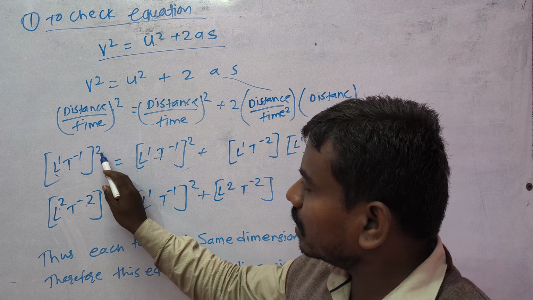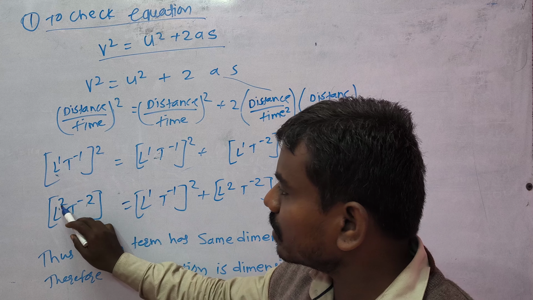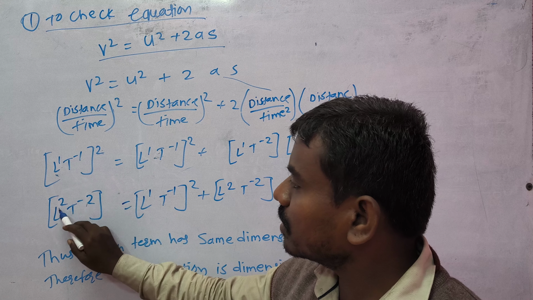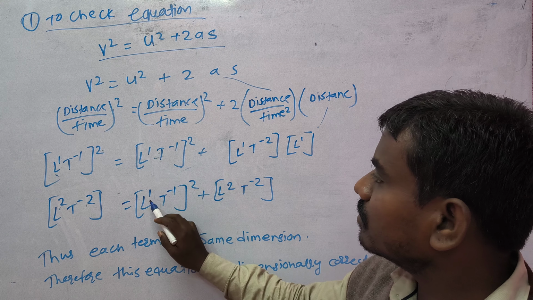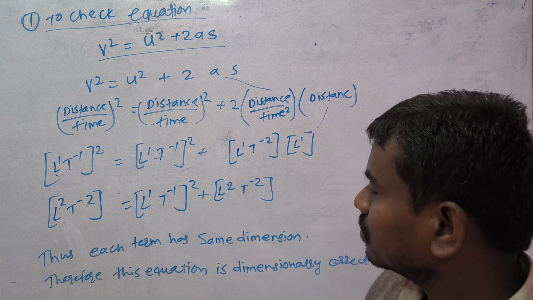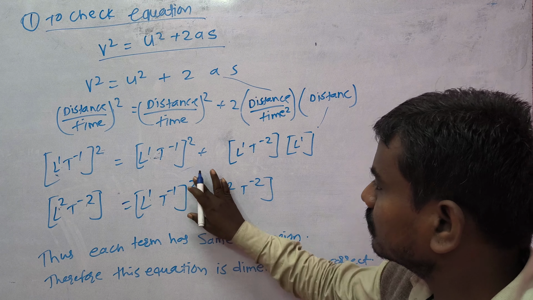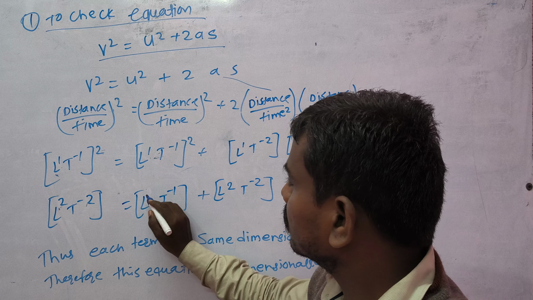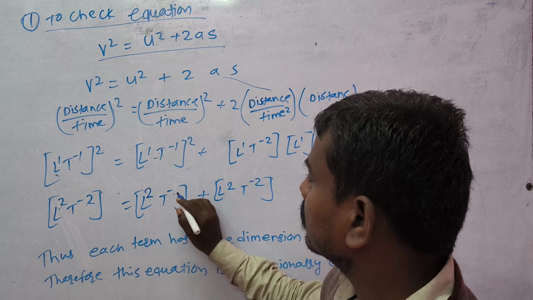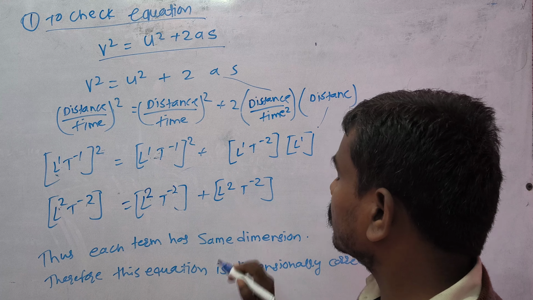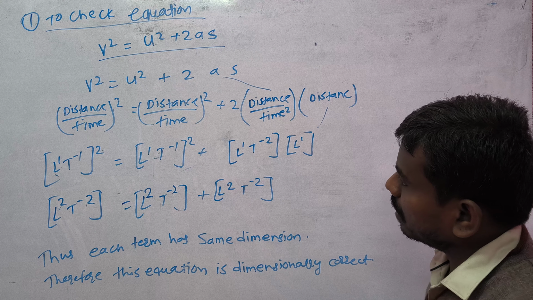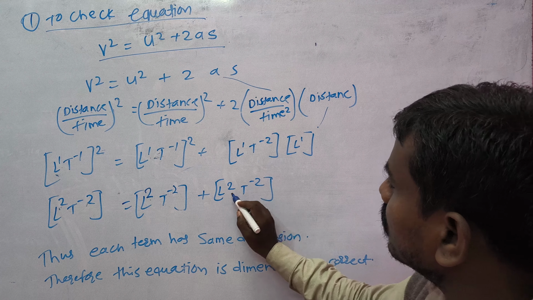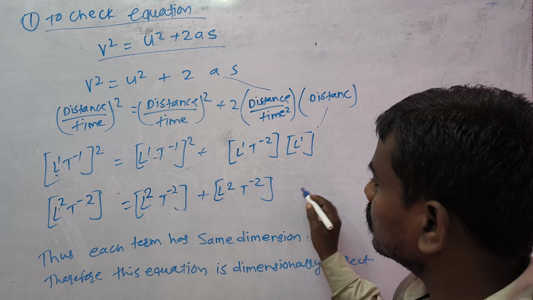So take a separate square, this becomes this, again this becomes this. We can take L square t raised to minus 2 plus again L, according to law of indices, L square t raised to minus 2.